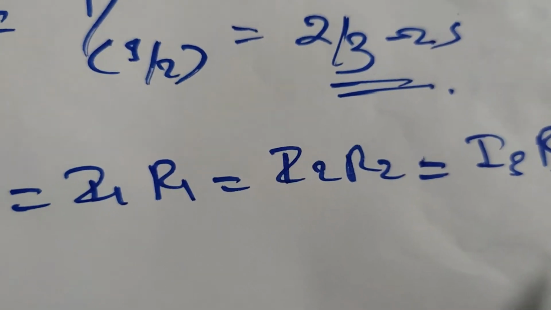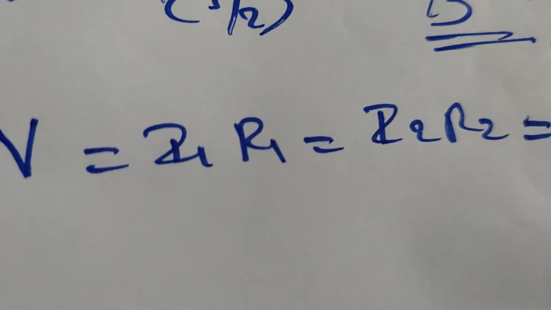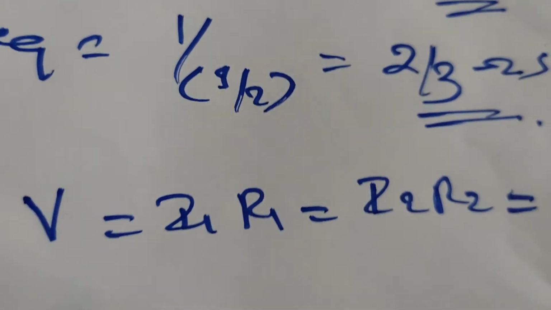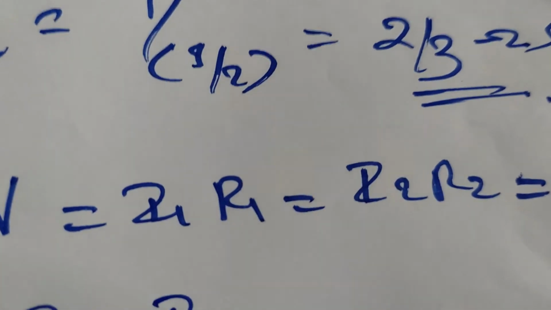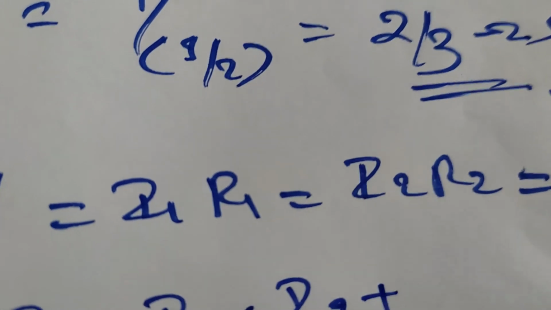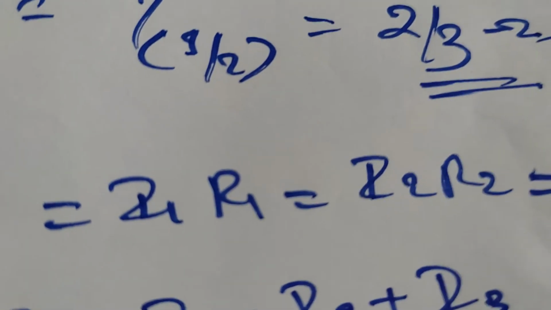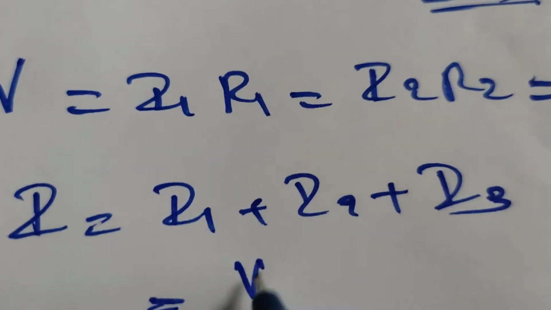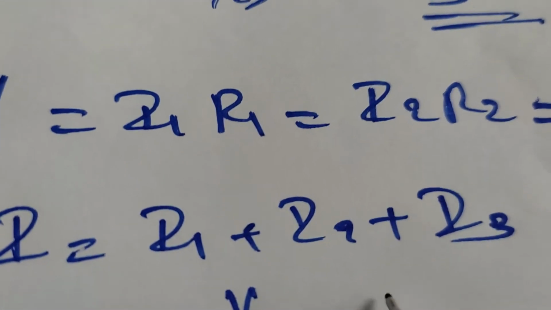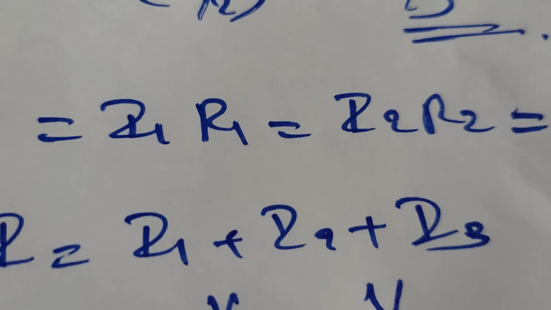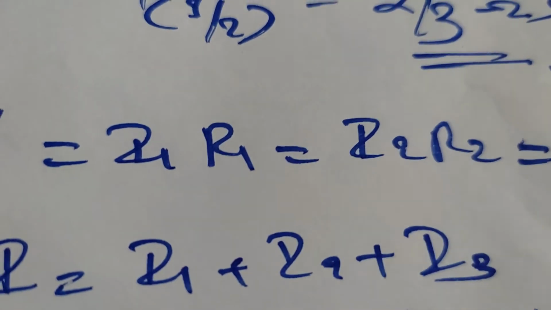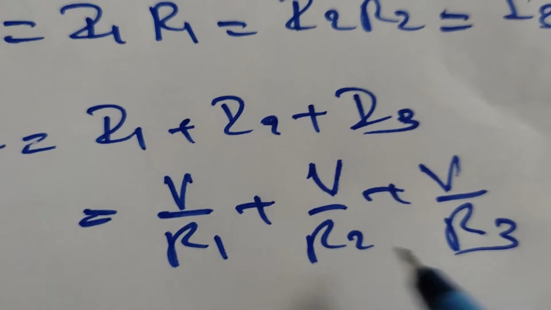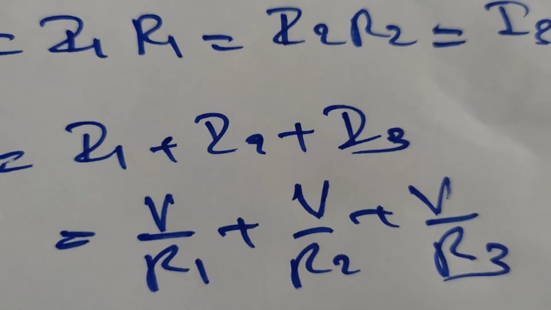The current is I1 plus I2 plus I3, which equals V by R1 plus V by R2 plus V by R3. So each branch current is V by R1, V by R2, V by R3.